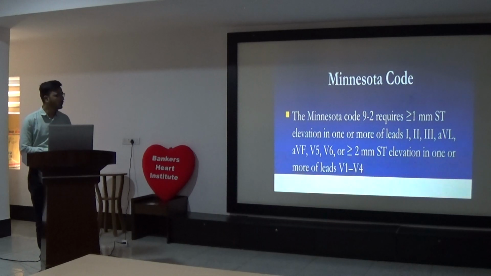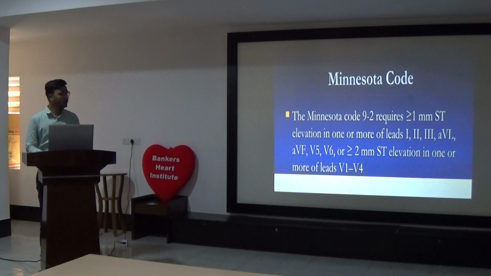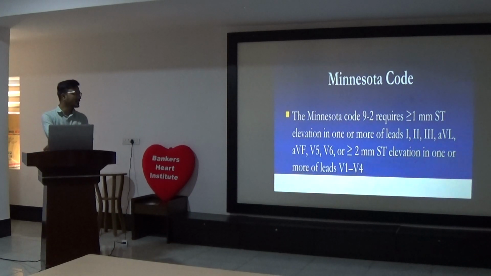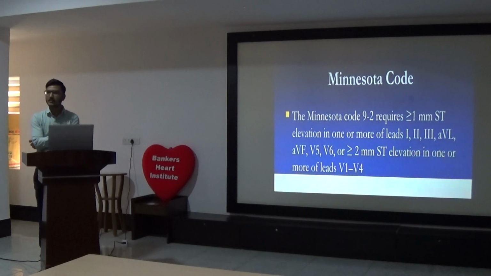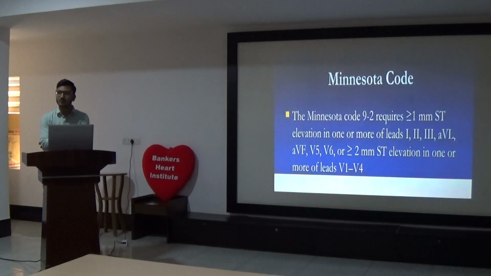So in V1 to V4 we require 2 mm or more ST elevation to prove ST elevation myocardial infarction, and in the limb leads and V5, V6 leads we require only 1 mm elevation. Why so? Because in the chest leads V1 to V4, in normal people also there will be some 1 mm elevation in the ST segment.